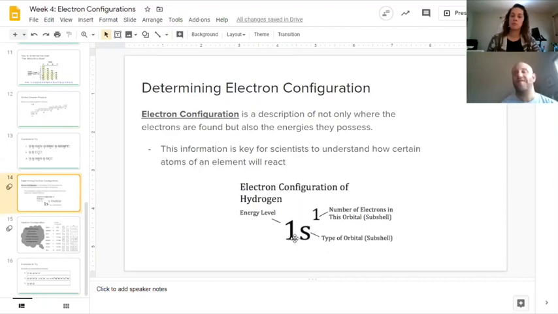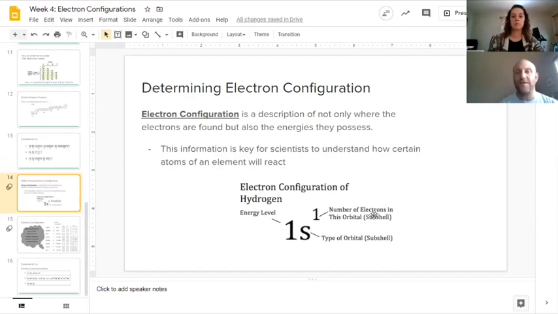So this is saying you're in energy level number 1, and you're in the S sublevel. And you should think to yourself, well, I know that the S sublevel only holds 2 electrons. That last one, that superscript 1, is telling you that there happens to be 1 electron in the 1s orbital, saying to you that you're in energy level 1, etc.